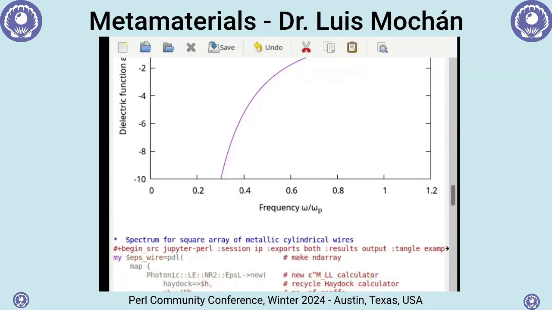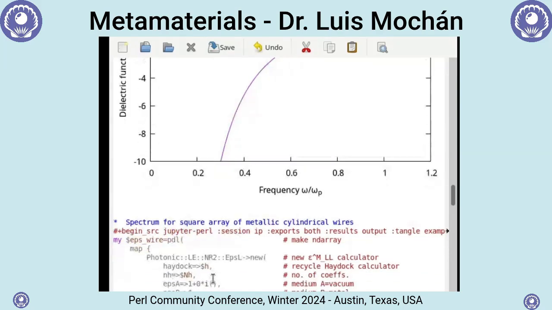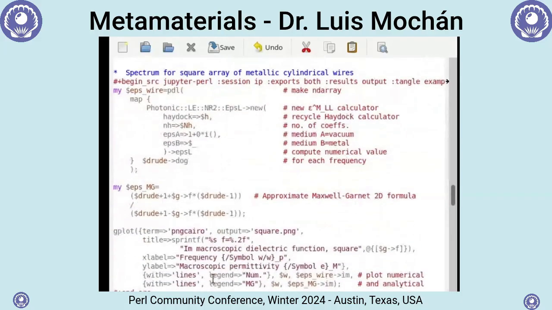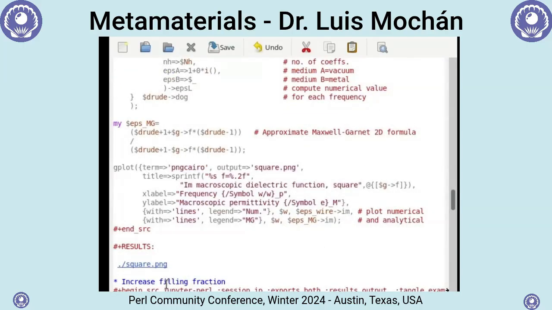I get the actual value of the macroscopic response for each of them, and I save them in one array, epsilon of the wire, and then I plot them. This is what I do with this code up here. Okay.